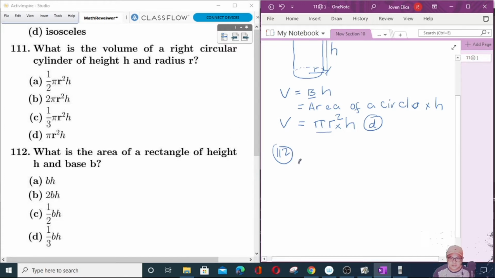Let's say we have a rectangle, and we are asked what is the area of this rectangle, given a height h. So this is the height and this is the base.